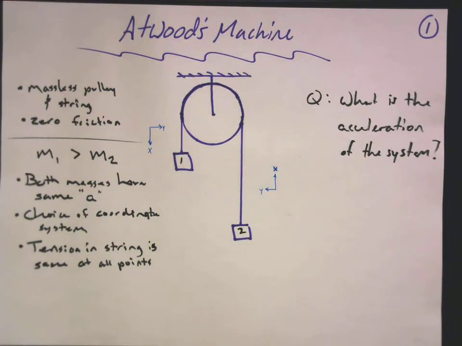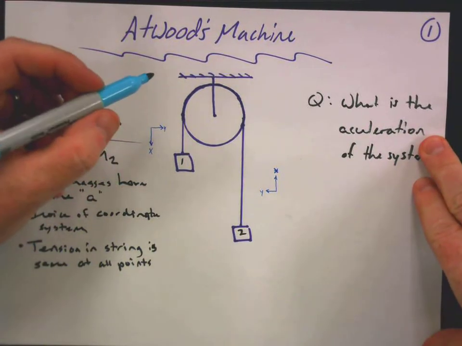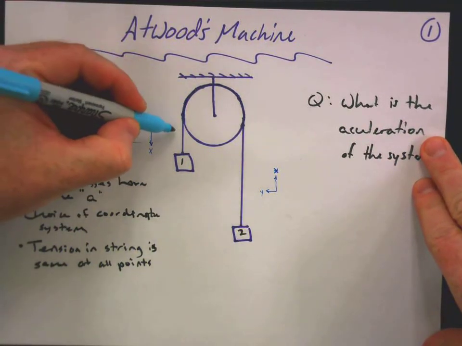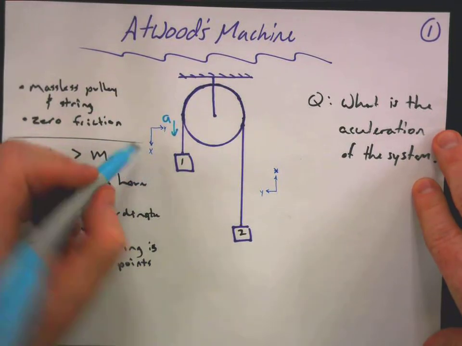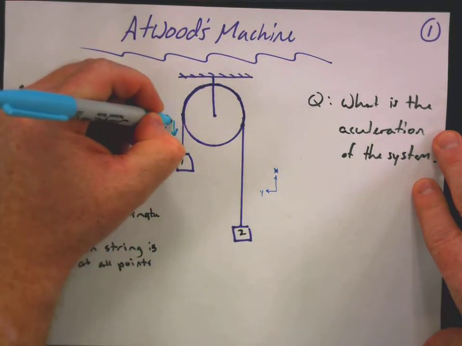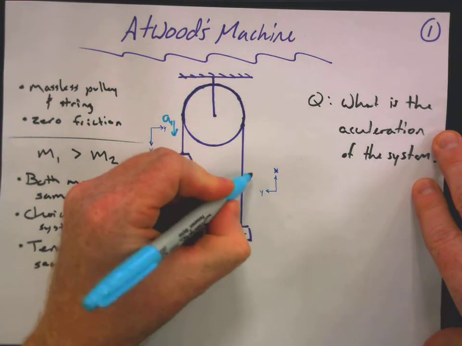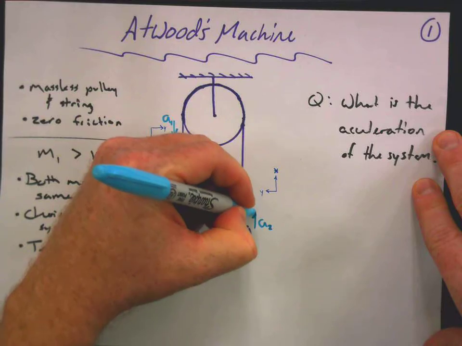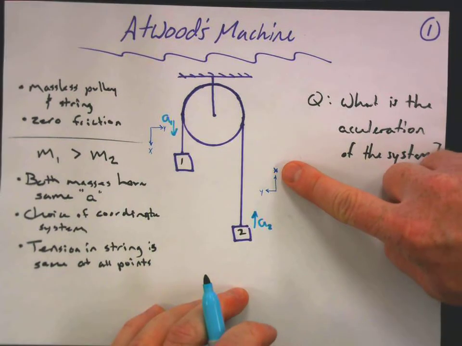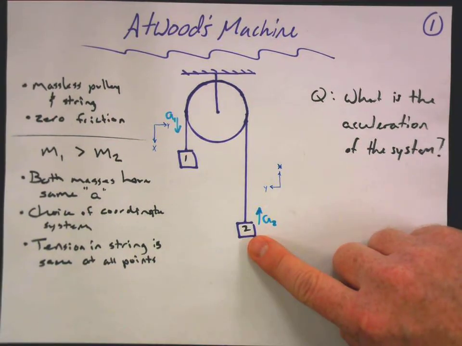I should label a few more things in the diagram before we move on. So I know that there is an acceleration here, and 1 is accelerating downward in the positive x direction. So that's the acceleration of object 1. The acceleration of object 2 is upward, but that is also the positive x direction for that particular piece of the system.